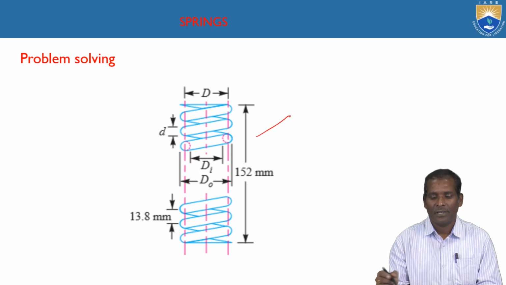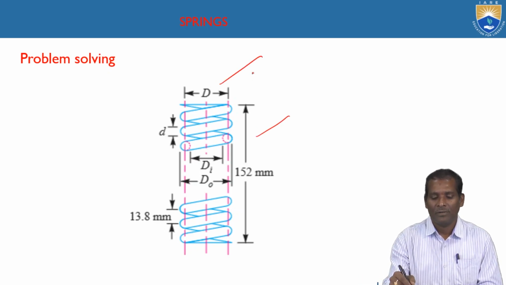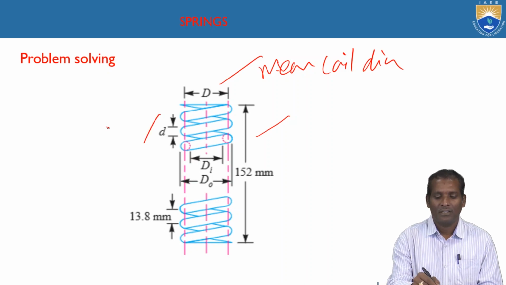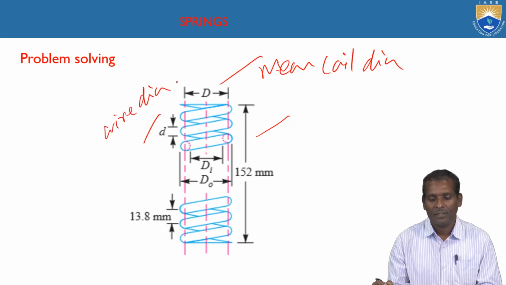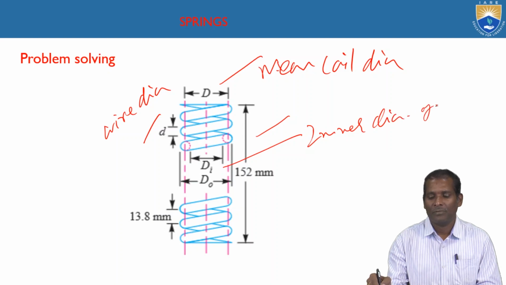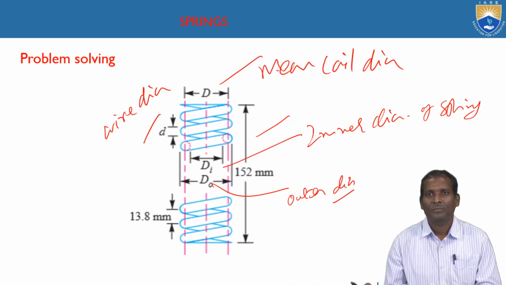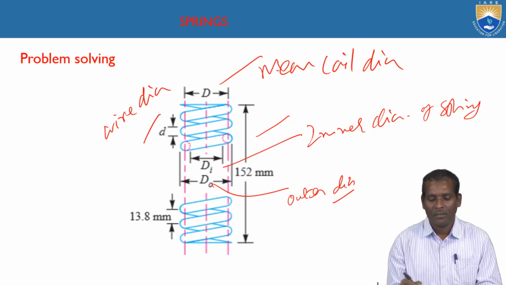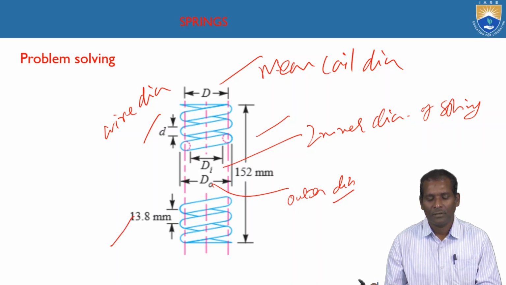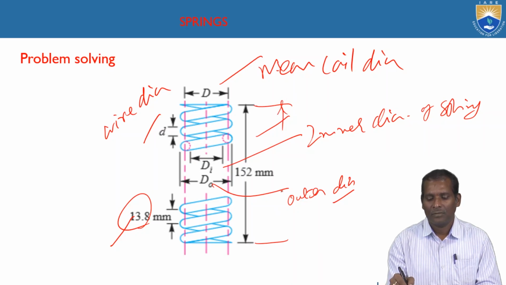See here the diagram drawn with capital D, the mean coil diameter, and small d, the wire diameter, and di, which you already know, the inner diameter of the spring, and d naught, the outer diameter. Then the clear deflection 13.8 mm, and the total free length 152 mm.